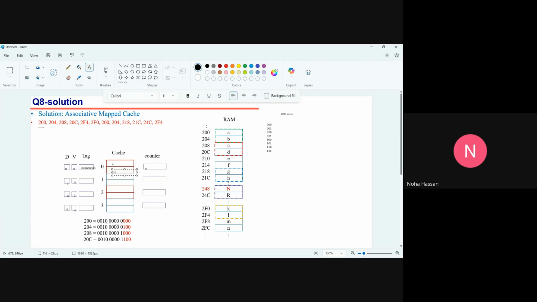Then I also need to modify the valid bit. It became valid, so valid now will be 1.